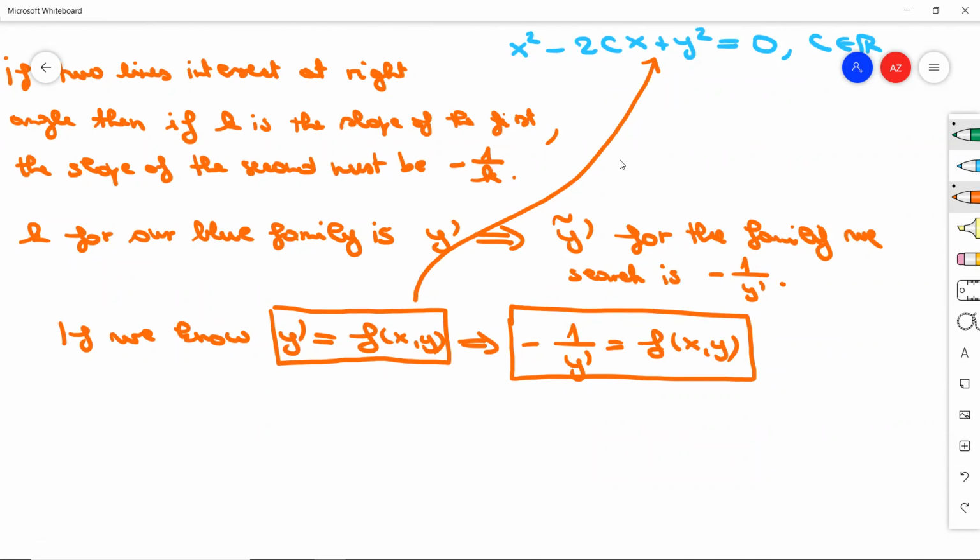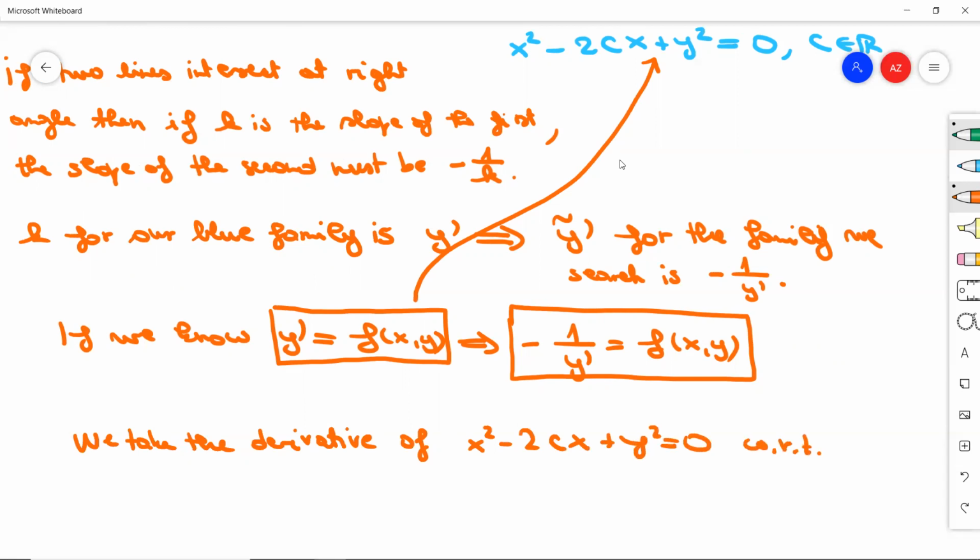And the simple idea how we would do this is just to take the derivative of this solution. So we take the derivative of x squared minus 2cx plus y squared equals 0 with respect to x.